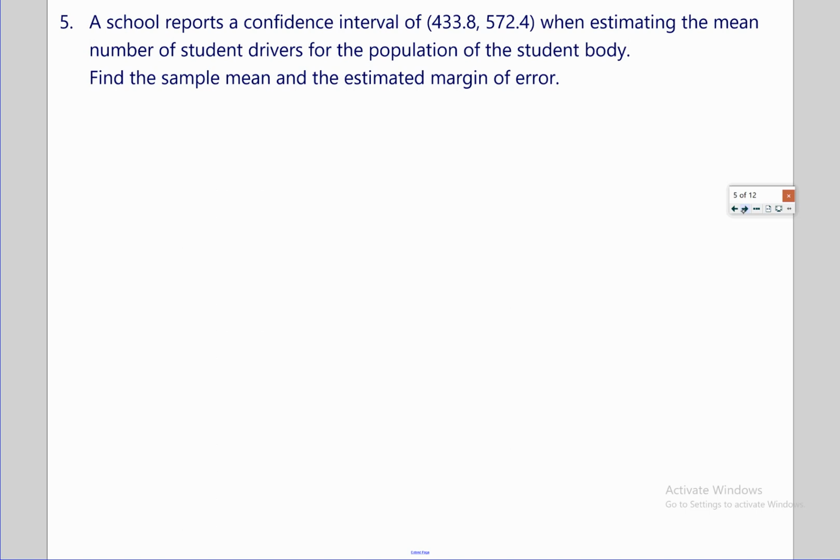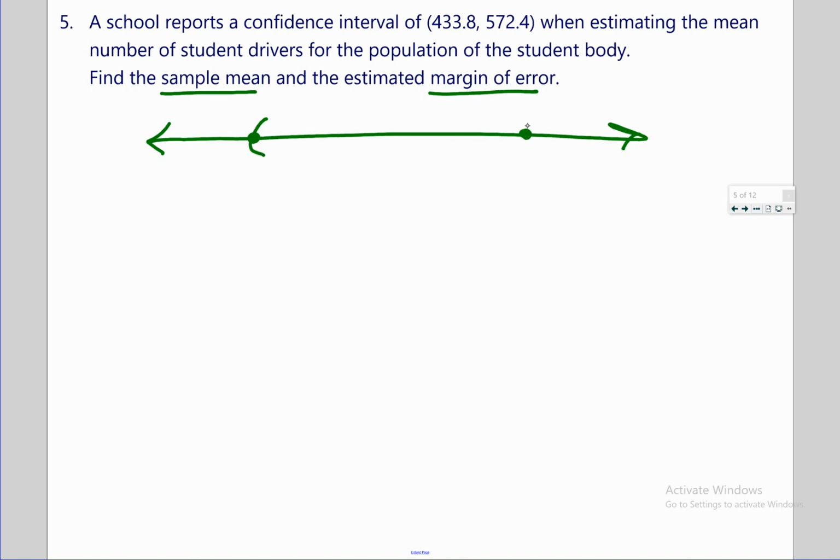Number 5, a school reports a confidence interval of the following when estimating the mean of student drivers for the population of the student body. Use that confidence interval to find the sample mean and the margin of error. Okay, so remember when we have a confidence interval, we can think of this like a number line. And you have your two ends, 433.8, 572.4.